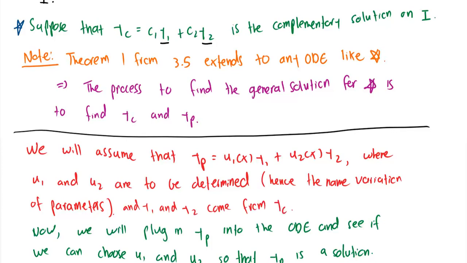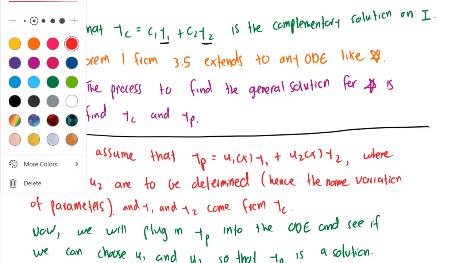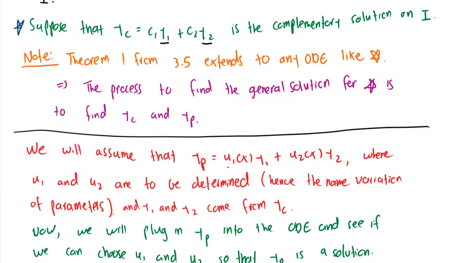Now, why does it make sense for us to try to find a particular solution of this form? Well, the idea is we want to mimic what we did in the method of undetermined coefficients. There, we would have some function times an unknown constant plus some function times an unknown constant. And depending on how many terms g of x had, and how many terms came out from the derivative of g of x, that's how many terms with constants we would have in our particular solution.